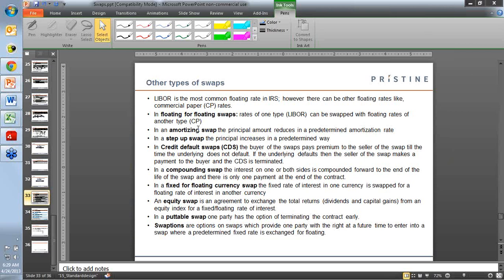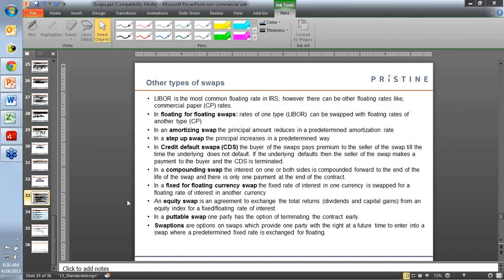If however the buyer defaults, then the seller of the swap will make a payment to the buyer. So the opposite will happen, and the default swap will be terminated. So this credit default swap essentially protects the buyer from a default in payment.